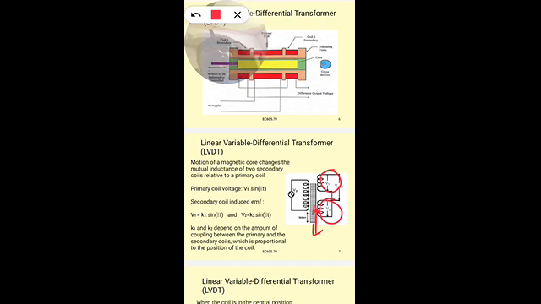The primary coil voltage is Vs sin omega t. The secondary induced EMFs are V1 equals K1 sin omega t and V2 equals K2 sin omega t, where K1 and K2 depend on the amount of coupling between the primary and the secondary coils, which is proportional to the position of the core.